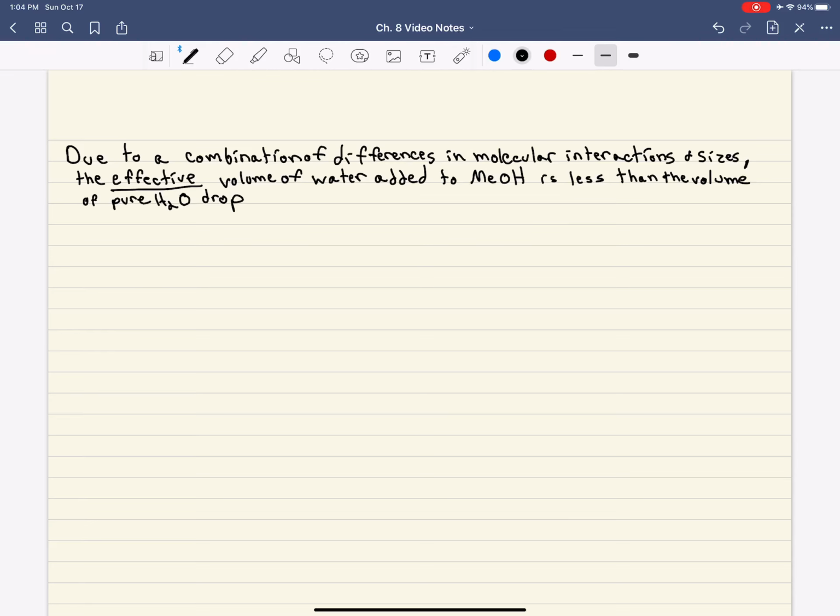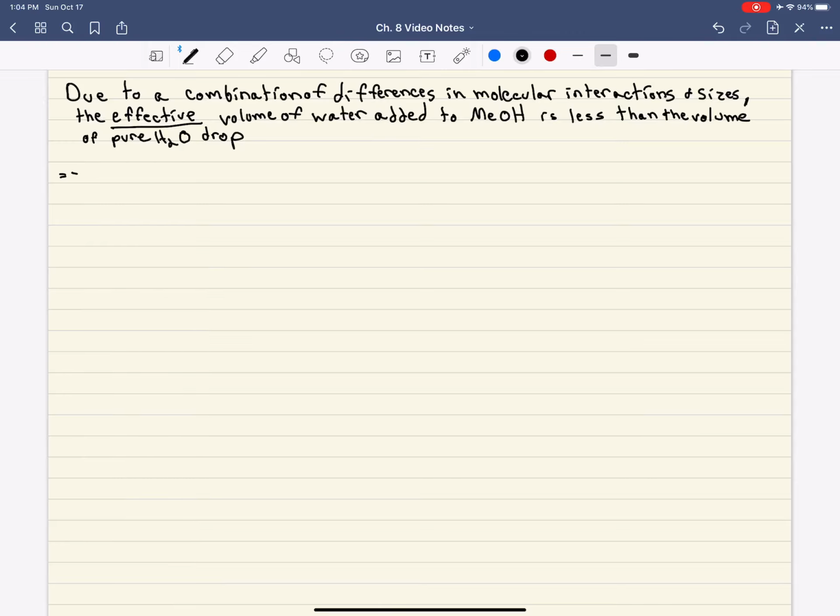Now, to be more quantitative about this idea, what we could do is say that we're looking at the total volume change of the mixture. So delta V, right?